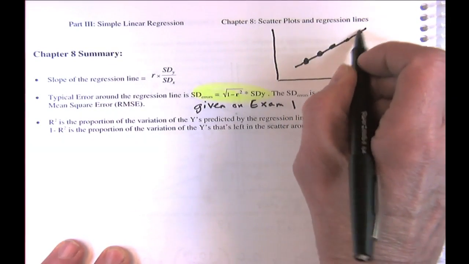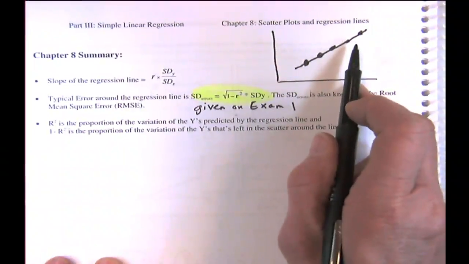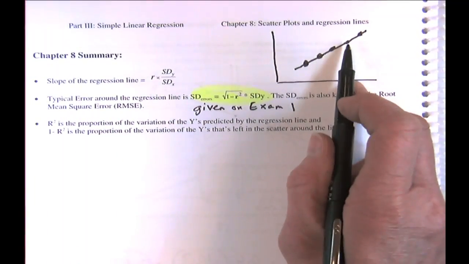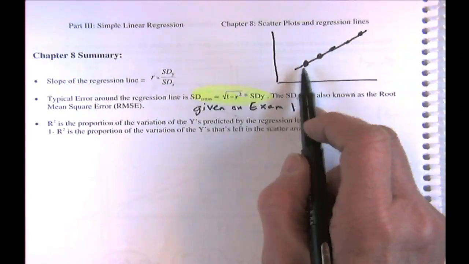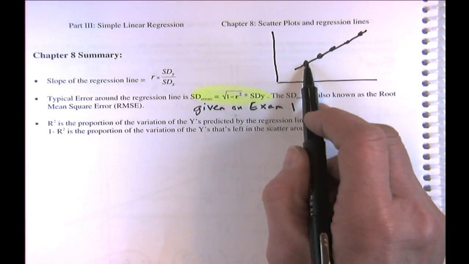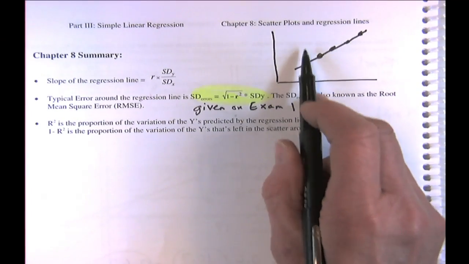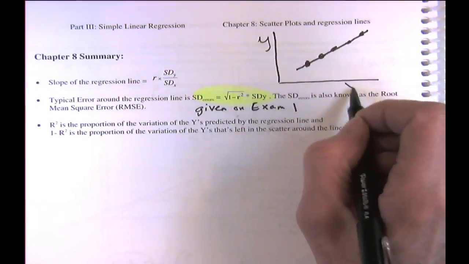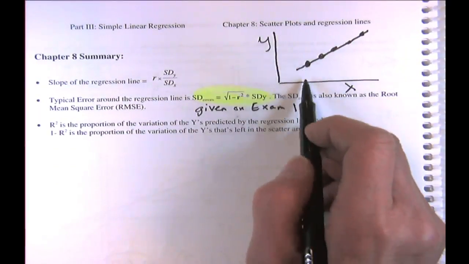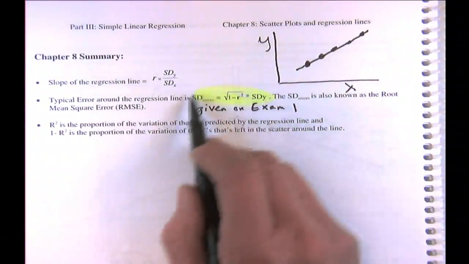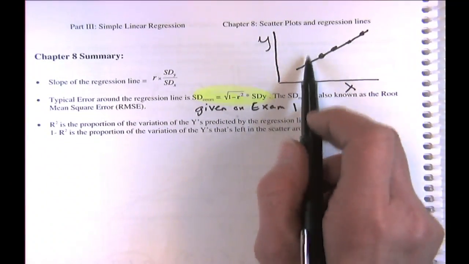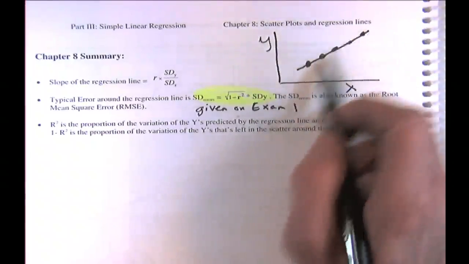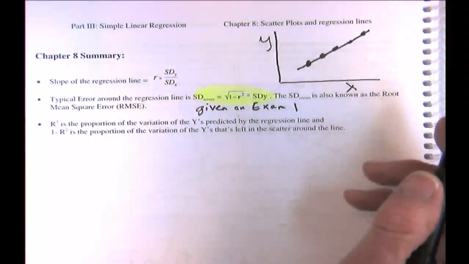Well, then all the points would lie on the regression line, and you'd have no error. The error means how far off you are in the y direction. This is y, and this is x. The y errors from their predictions. That's what we're trying to get a measure of, the spread around the regression. Well, there's no spread here, and that's a perfect correlation.